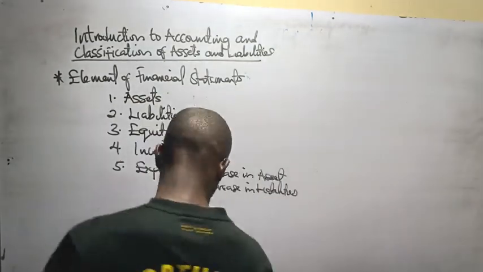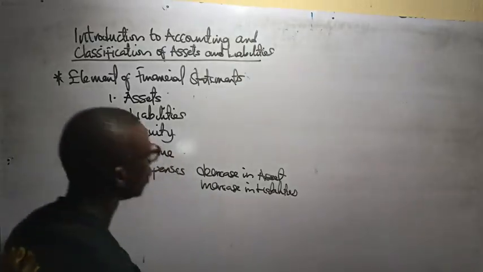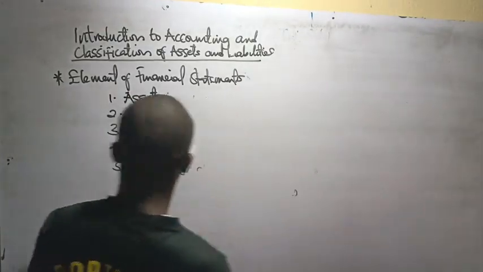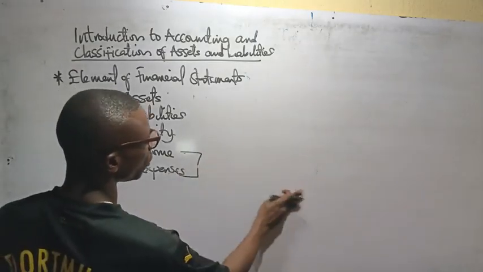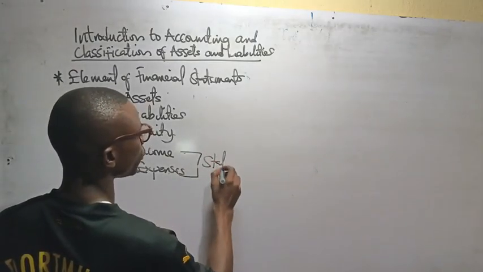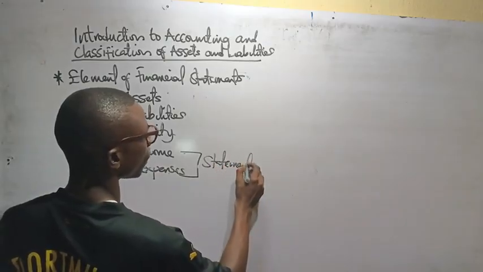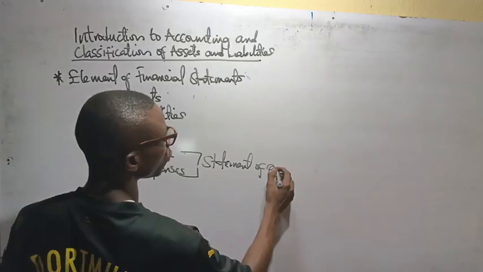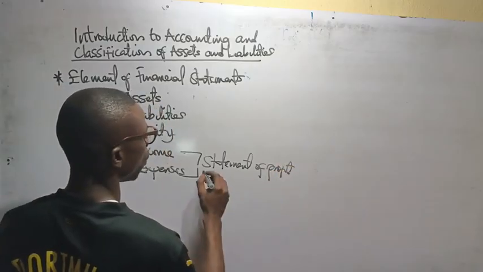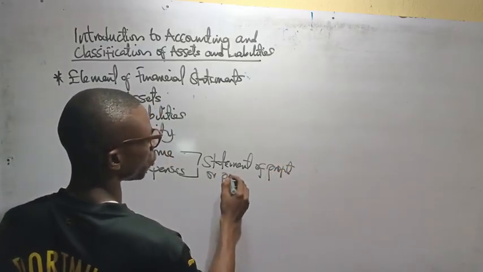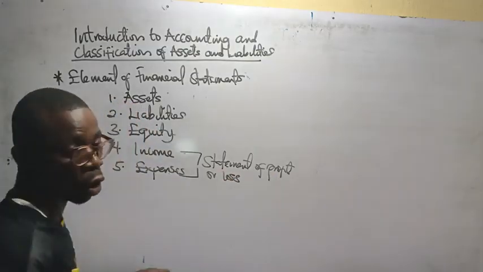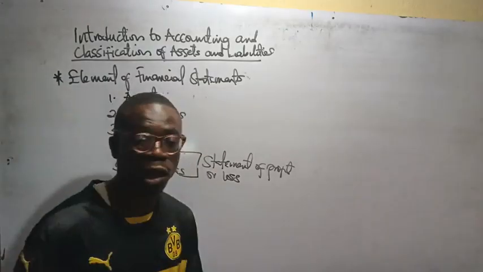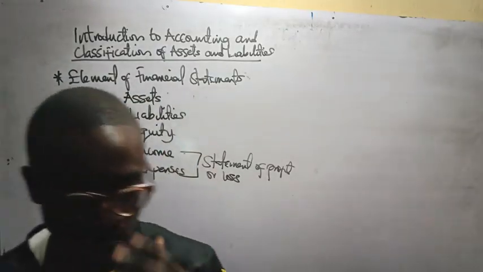But don't forget that I just informed you that income and expenses will be found under which statement? Under the statement of profit or loss, which can also be referred to as the income statement.